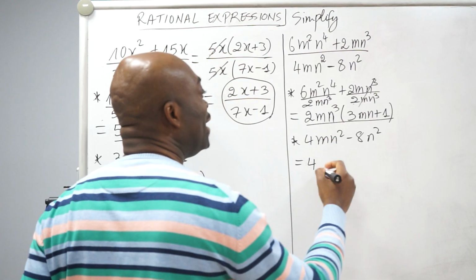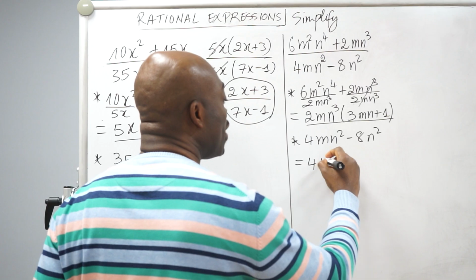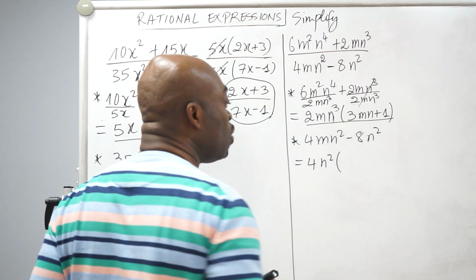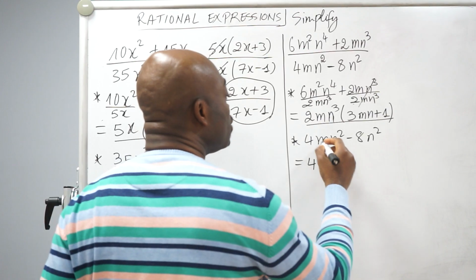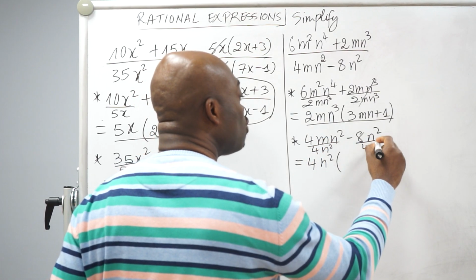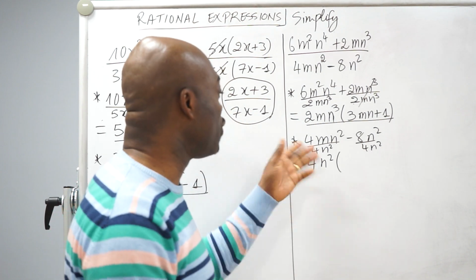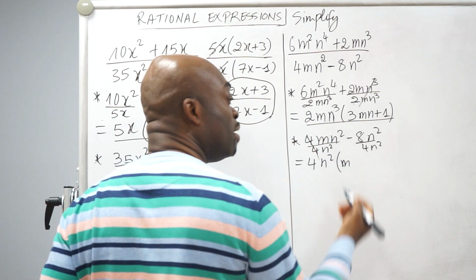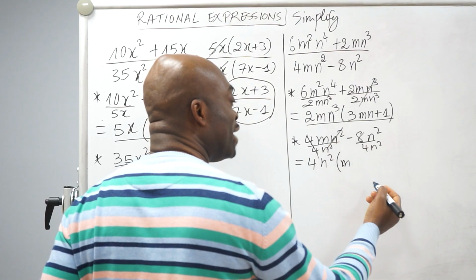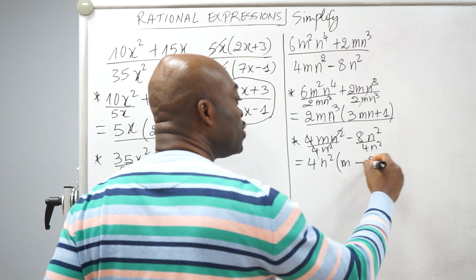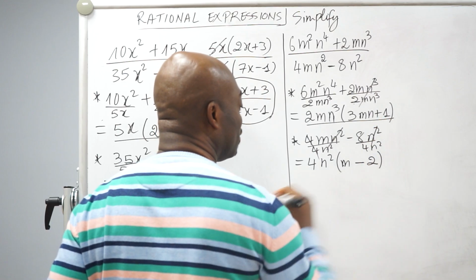And then when it comes to n, this one is n squared, all right, because you have n squared here and n squared here, so you can take n squared out. So we divide both of them by 4n squared. For the first one, 4 divided by 4 is crossed out, m is back over here, and n squared is out. Minus 8 divided by 4 is 2, and n squared is out.